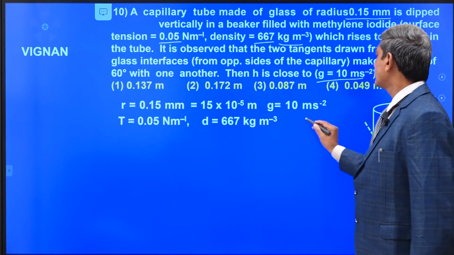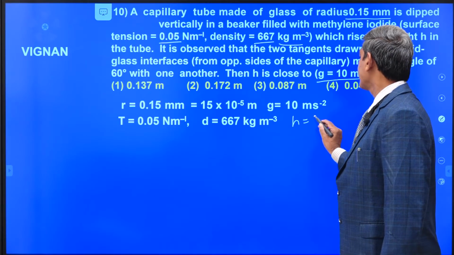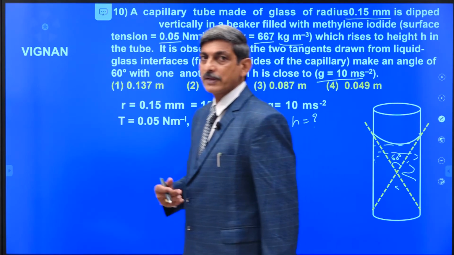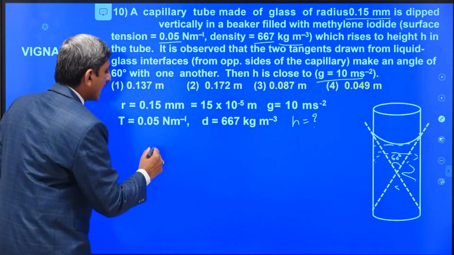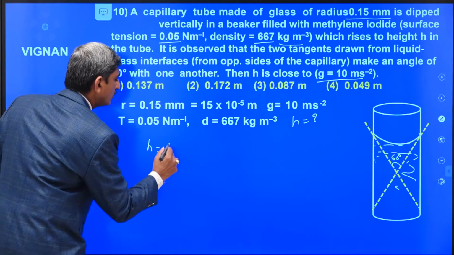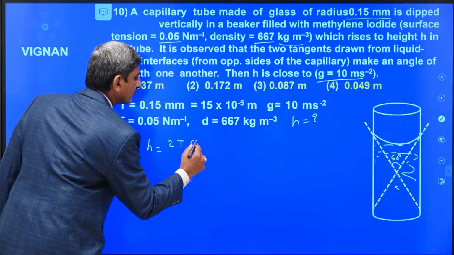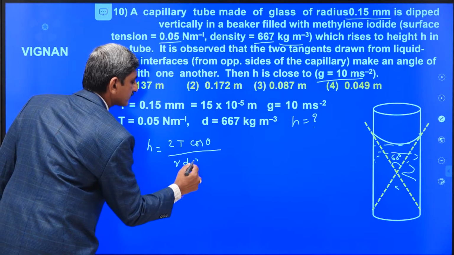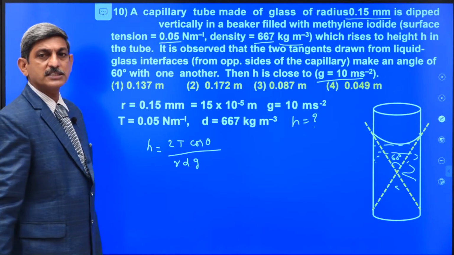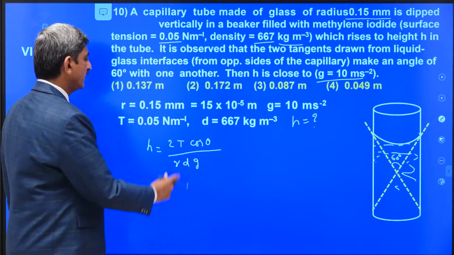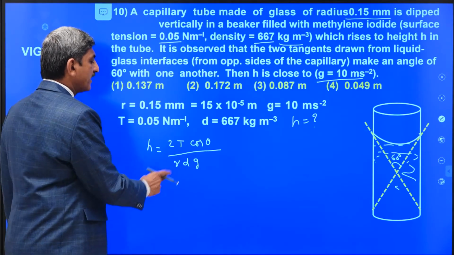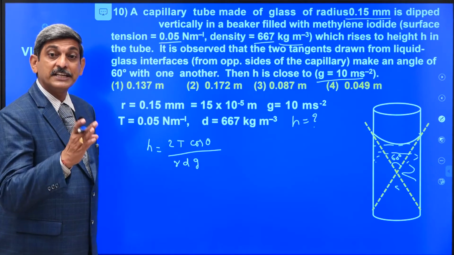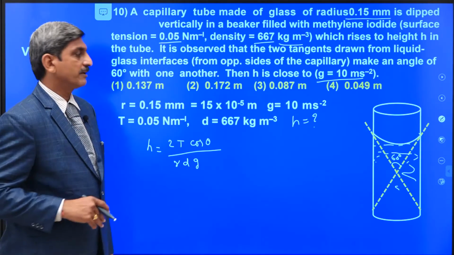Now we want to determine the capillary rise h value. What is the formula for the capillary rise? We know that the capillary rise h is equal to 2T cos theta divided by r d g. T is given, r is given, d is given, g is given, but theta is given in a confusing way.